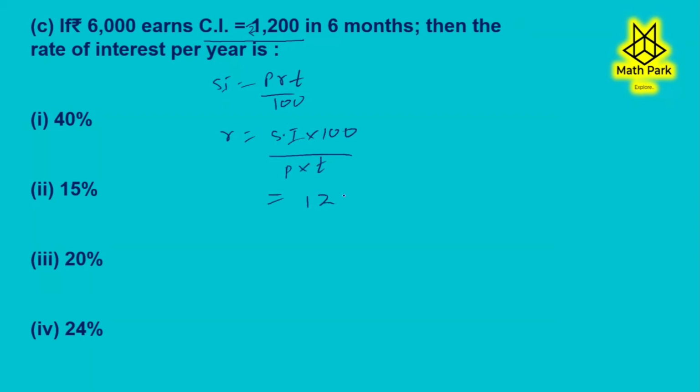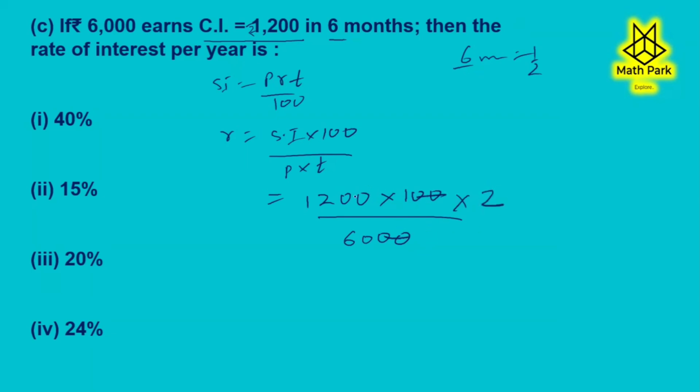Put the values. So interest, it is 1,200 into 100 upon principal was 6,000, and it is 6 months. 6 months is equal to half year. So when half is reciprocated, the 2 is going to go up.